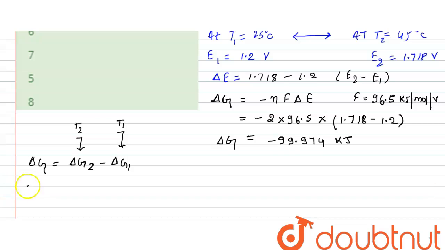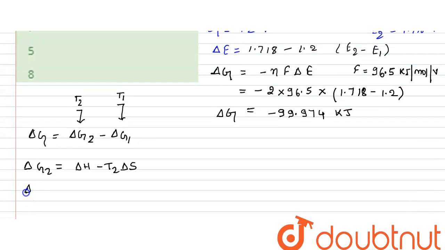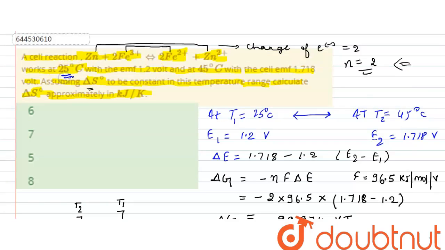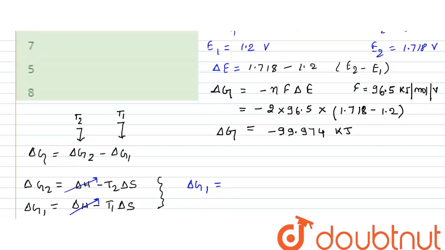So delta G2 can be written as delta H minus T2 delta S, and for delta G1 we can write delta H minus T1 delta S. This is the fundamental equation, we all know delta G is delta H minus T delta S. If the reaction takes place at a constant temperature of 25 degrees centigrade first, then at a constant temperature of 45 degrees centigrade, delta H can be taken as 0.